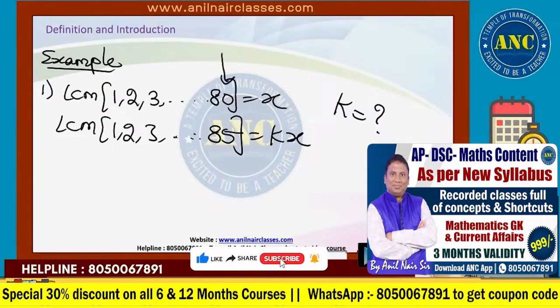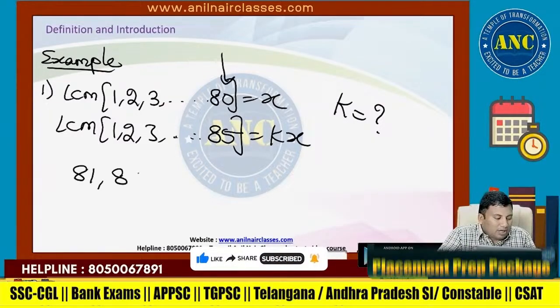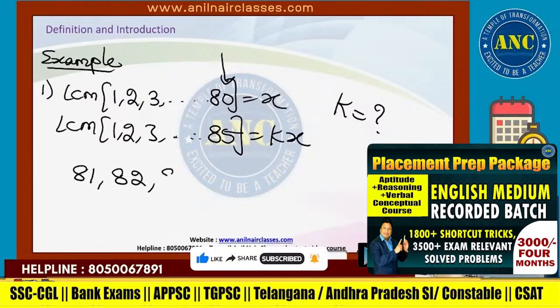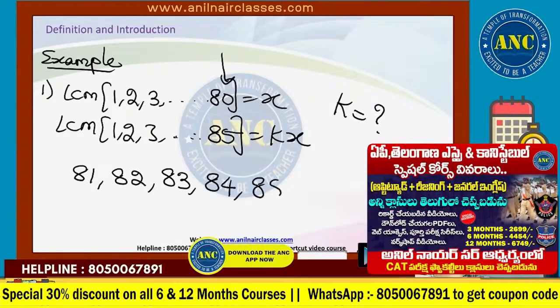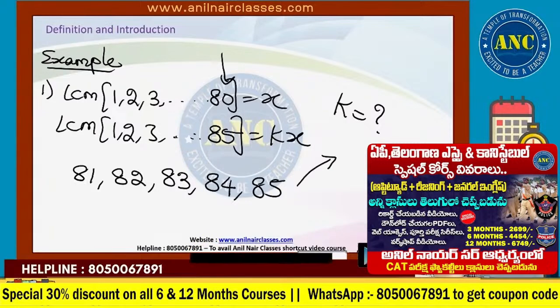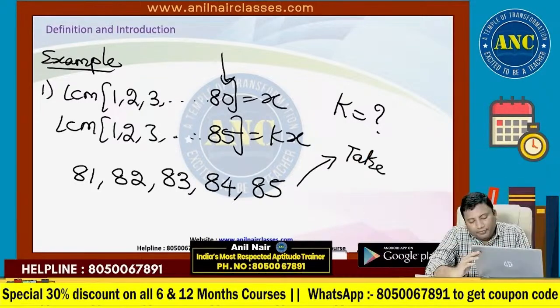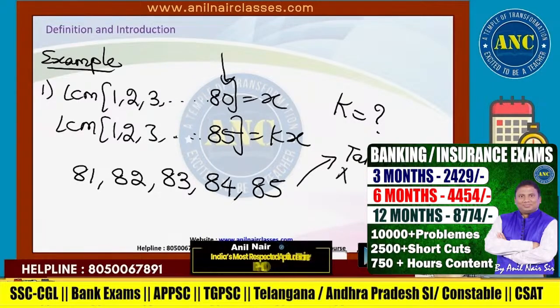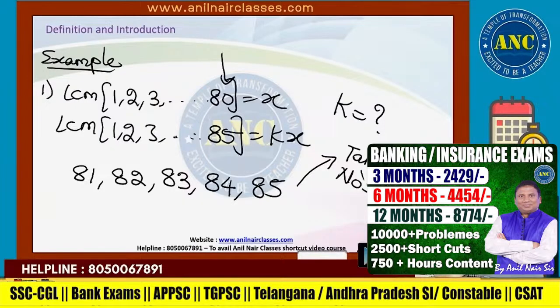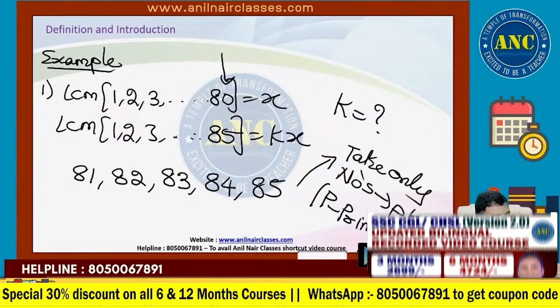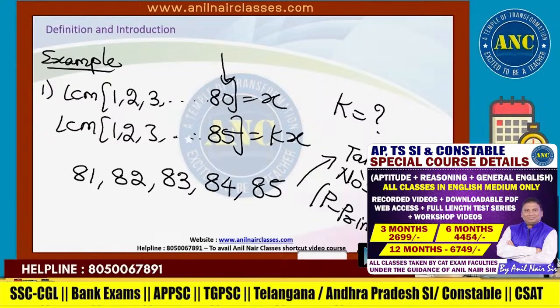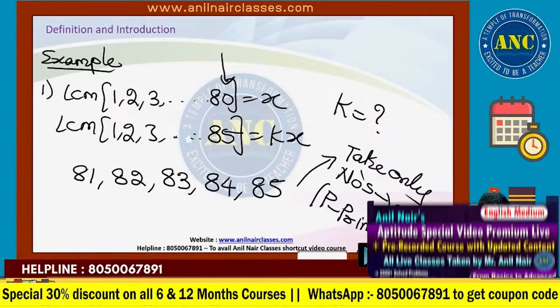Till 80 it is present. Extra numbers are 81, 82, 83, 84, 85. Take only the numbers which are of the form p power k, where p is a prime number.